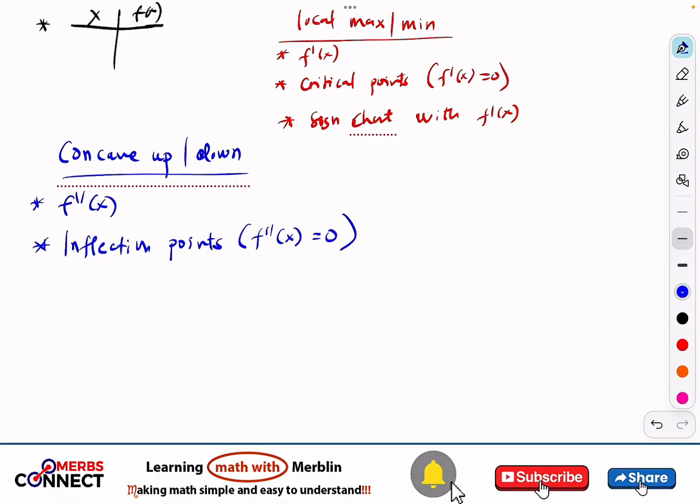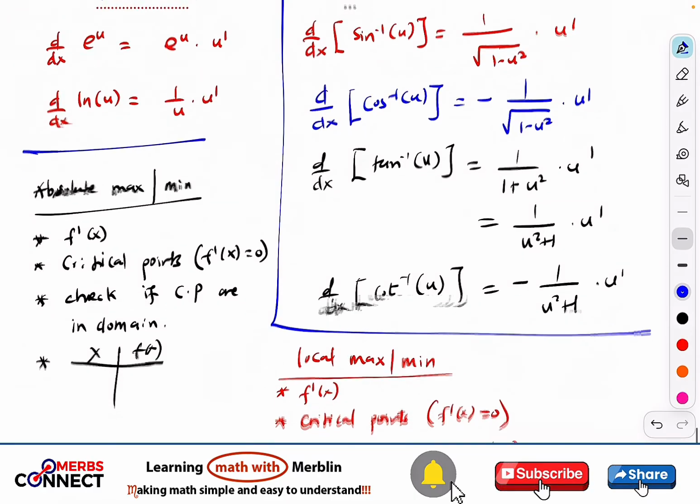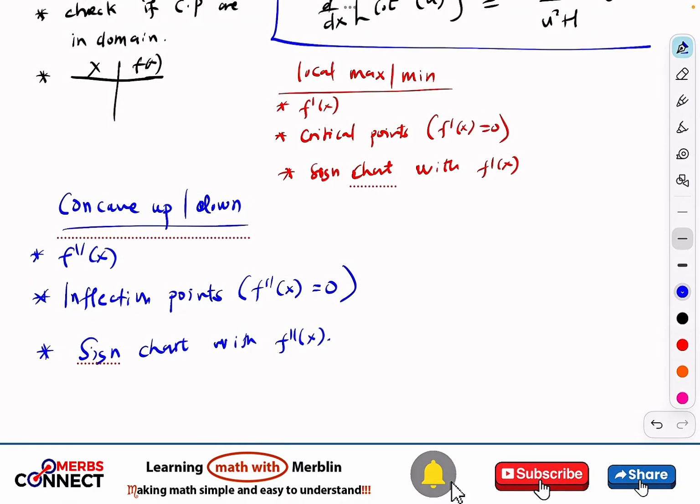Even though the value can make f prime prime 0, if the sign is not changing, then it's not an inflection point. Then we also use the sign charts here with f prime prime of x. So this is small information for you to also use. So see you in the next video.